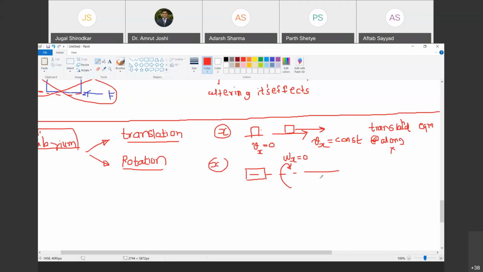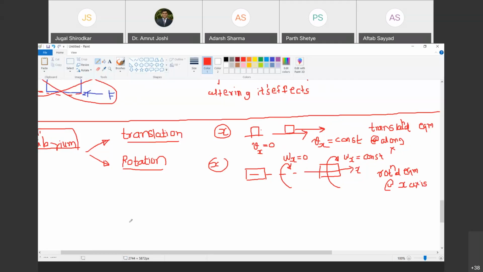Or if the body is rotating with uniform angular speed, then I call that the body is in rotational equilibrium about x axis. Now there is no need to explain y and z axis separately, you have to extend these same statements. Are you with me? Yes sir. Now let me check if you have understood what I am trying to say.